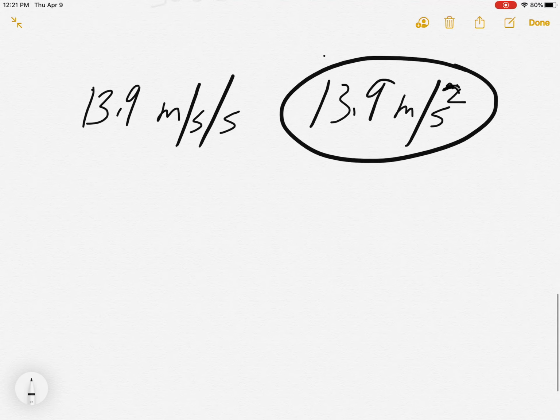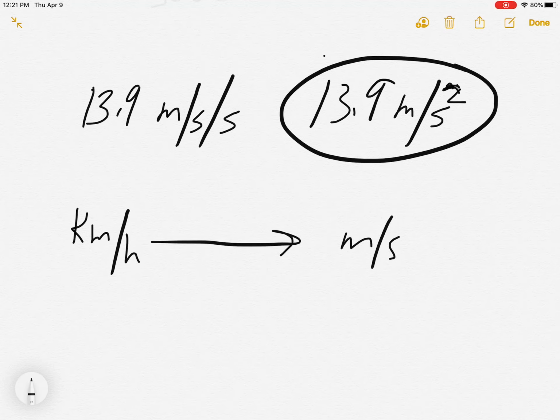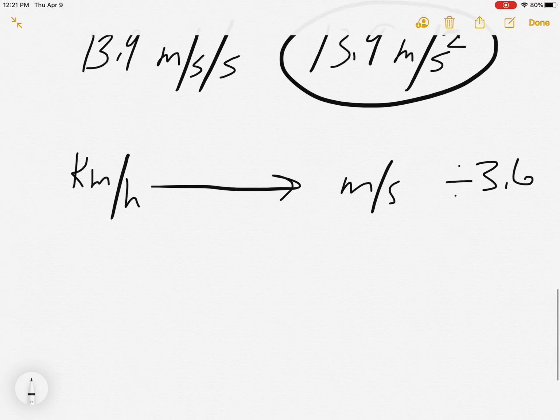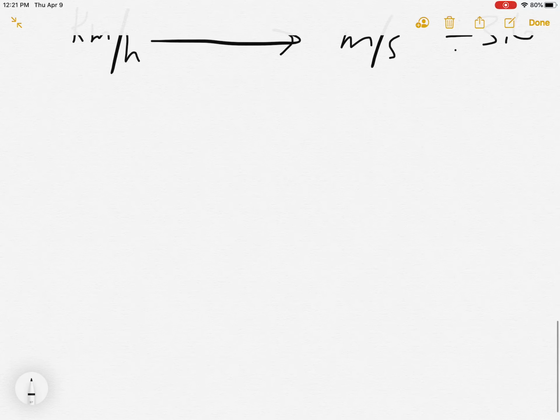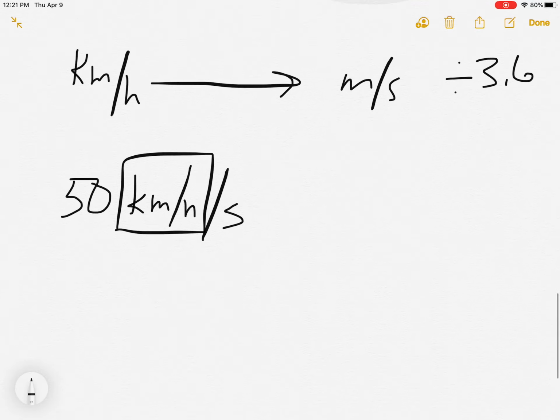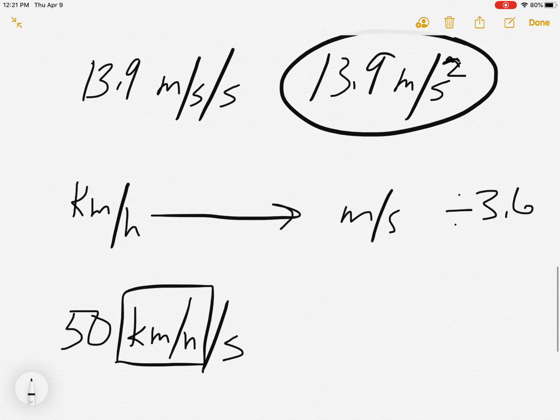There we go. The other way to do that is to change the top using the conversion factor. When we move from kilometers per hour to meters per second, we learned that you divide by 3.6. So if I simply start over and take the 50 kilometers per hour per second, changing this part only, 50 divided by 3.6 turns that into 13.8.